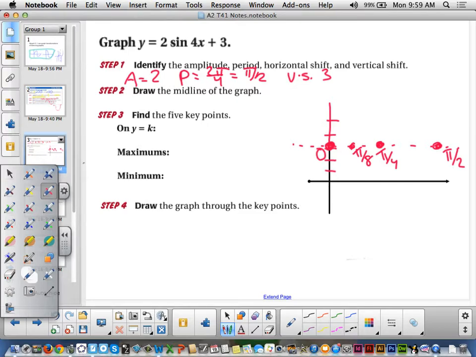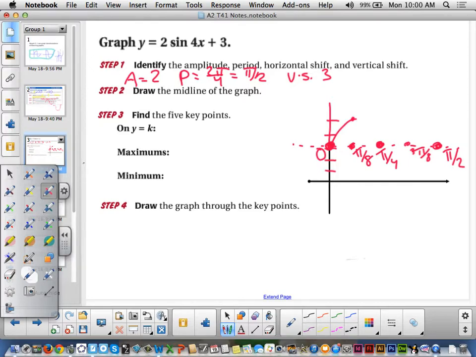So we start at 0, we do pi over 8, we do 2 pi over 8, and we do 3 pi over 8. So those are where the key points are at, and then we just need to trace through and get them in the right spots. So for sine, we start at the equilibrium and we go up. So the first key point from the 0 point will go up.